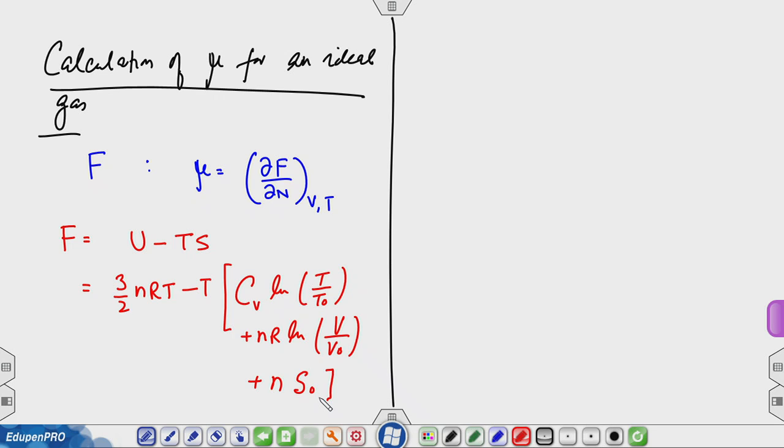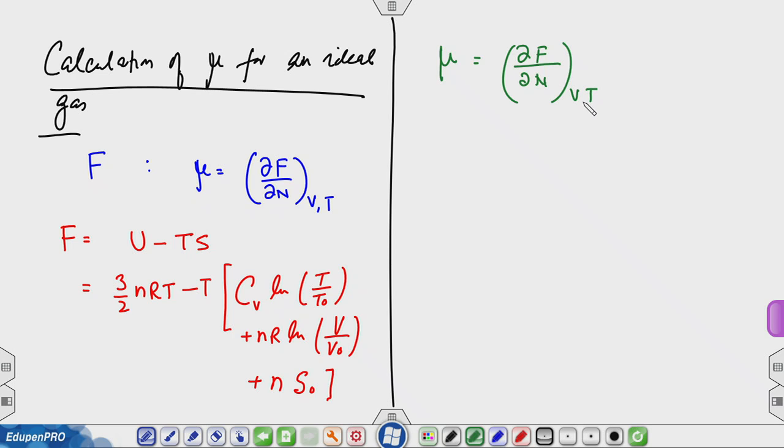Now all I need to do is calculate mu, which is partial F partial N at V, T. So we keep V constant and T constant.